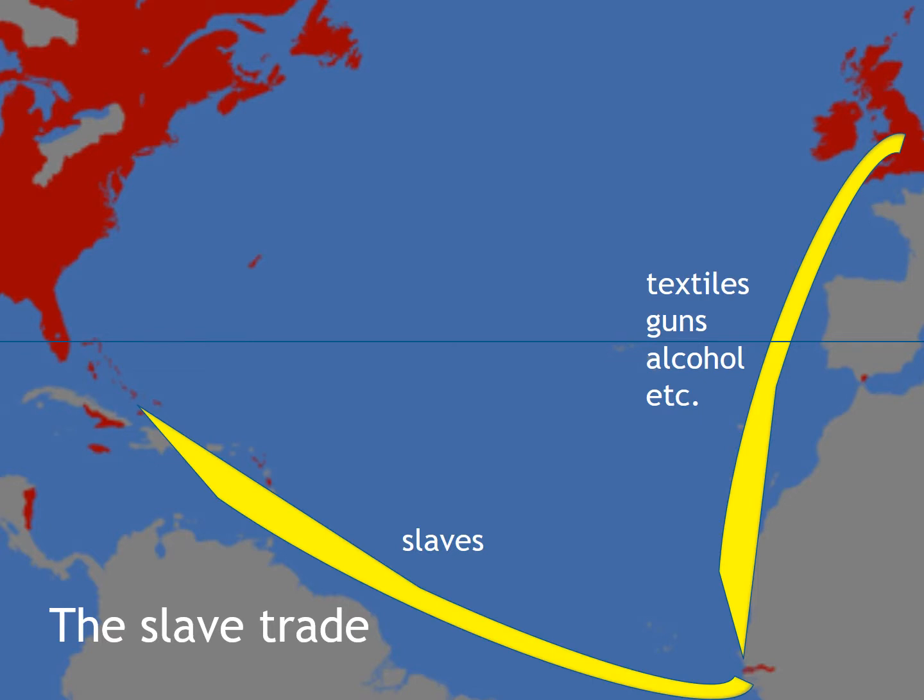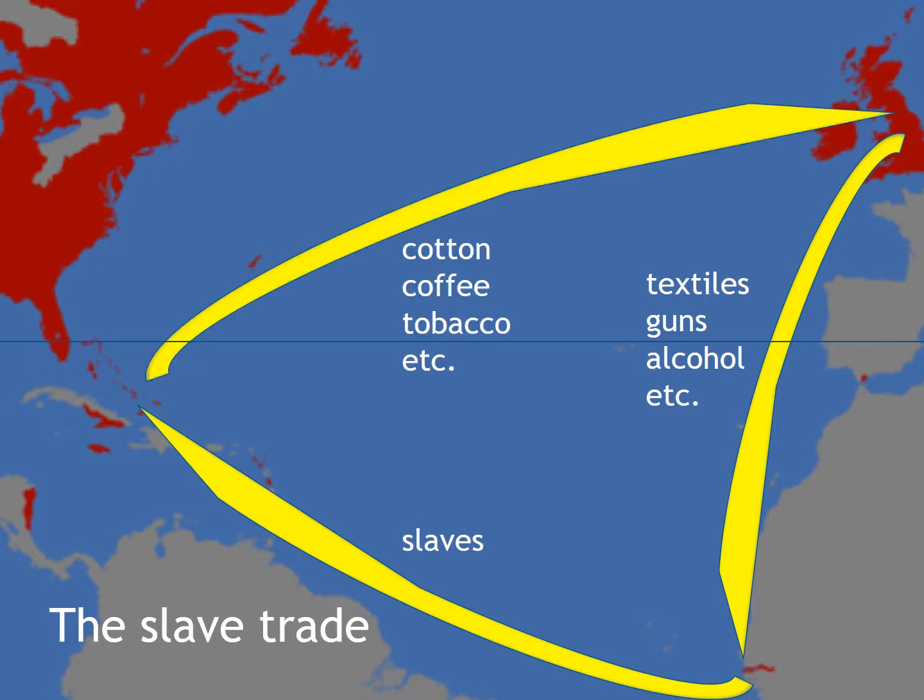They would then be taken in ships across the Atlantic to the Caribbean and North America. And then the ship would be filled up with cotton, coffee, tobacco, expensive goods. So it leaves England with very cheap goods and it comes back with very expensive goods. And people would make themselves very rich through this triangular trade.